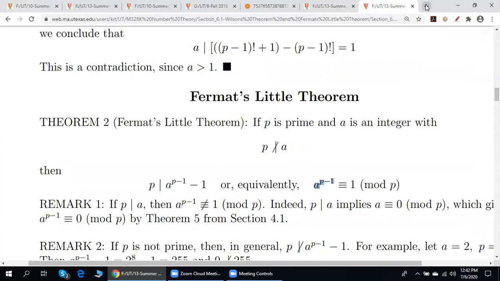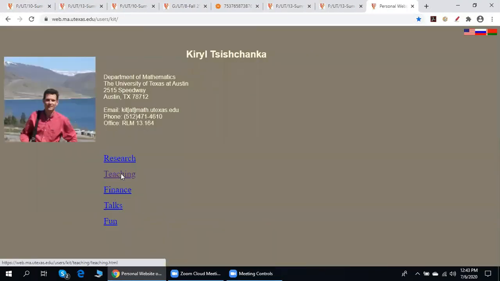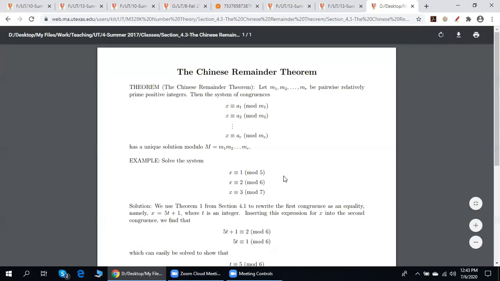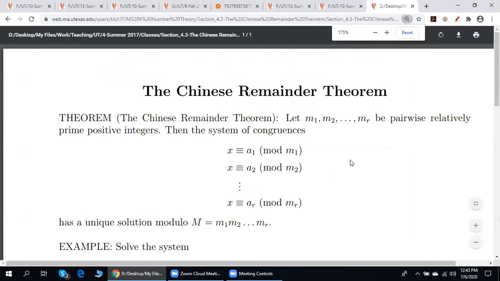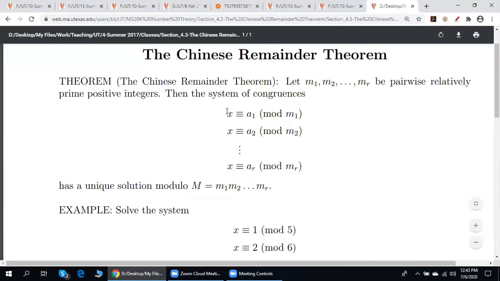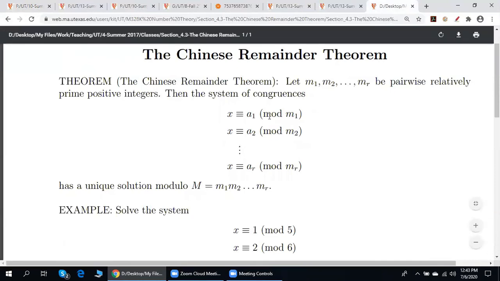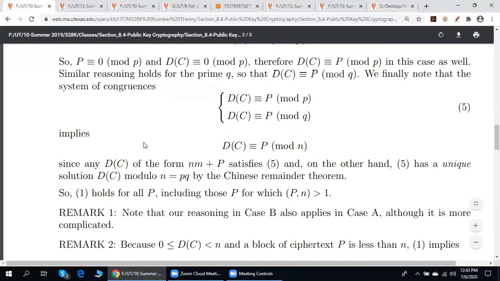Let us go back to the Chinese remainder theorem. It's over here. Please take a look at this. If we consider this system of congruences, where these numbers are relatively prime, indeed, p and q are relatively prime, then the system has a unique solution.